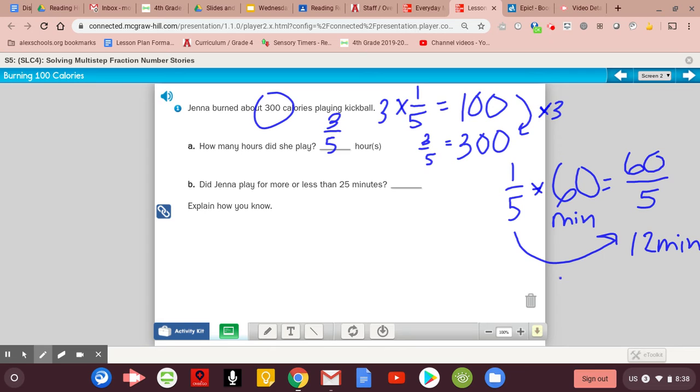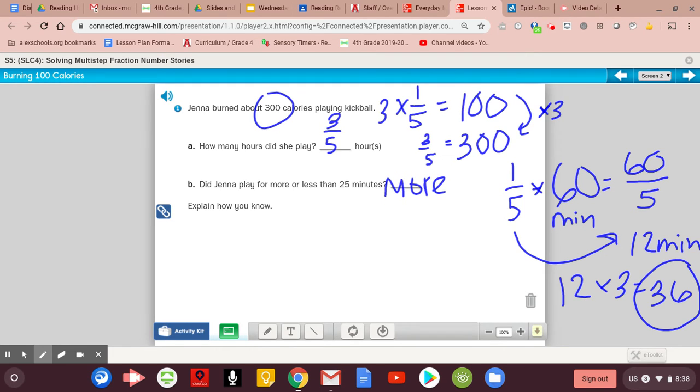So I'm going to take 12 times 3, and I will get 36. So 36 minutes is how long she played kickball for. Is it more or less than 25 minutes? It is more than 25 minutes.